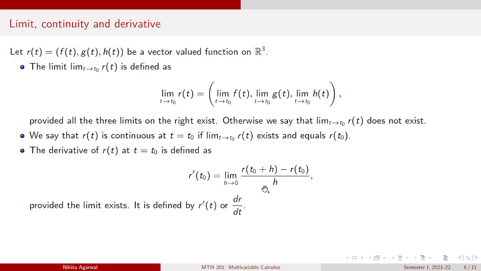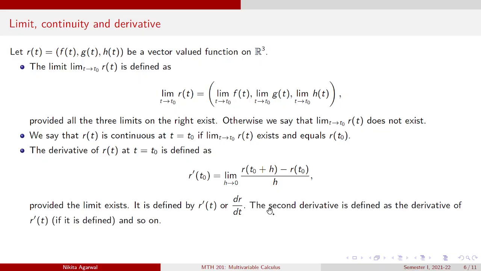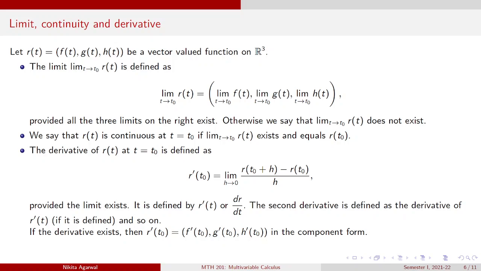So when this limit exists, you say that the derivative exists and it is denoted r prime(t) or dr by dt. And again, the second derivative is defined as the derivative of the first derivative if it's defined, and so on. And if the derivative exists, then what is r prime(t naught)? It's nothing but component wise you take the derivative.